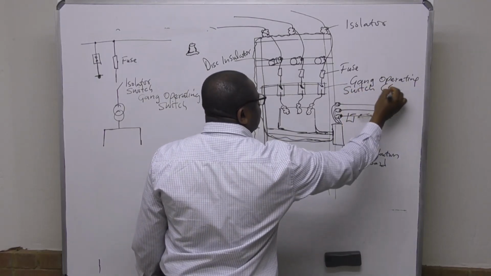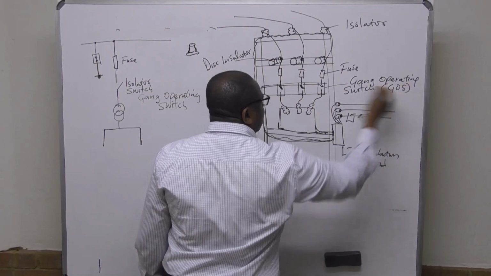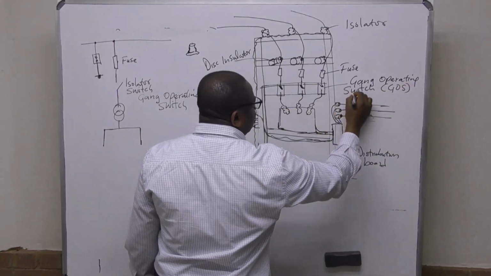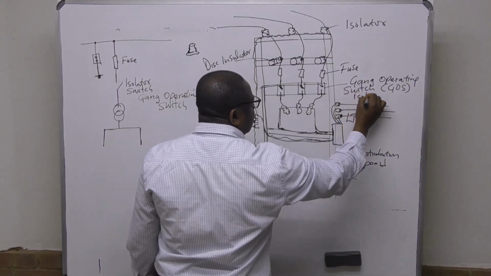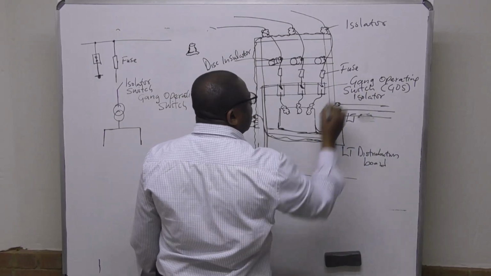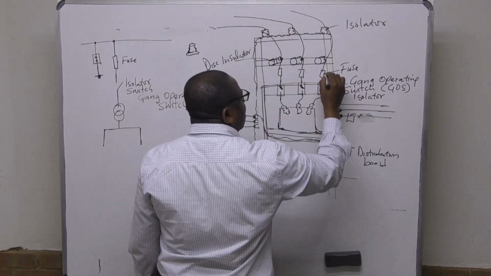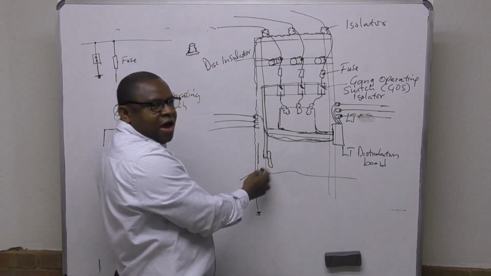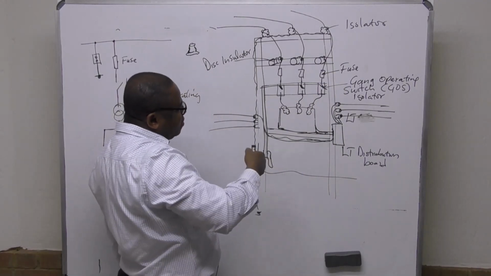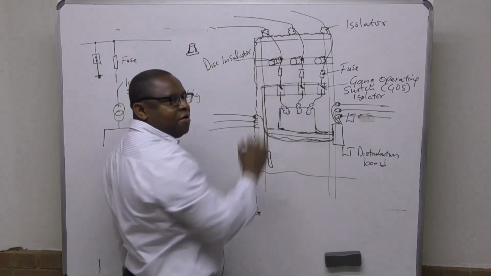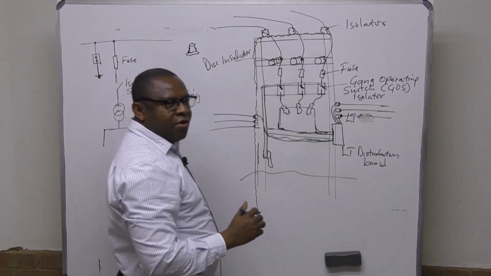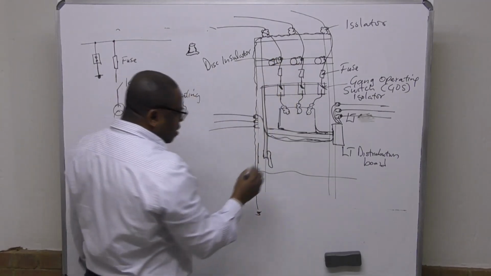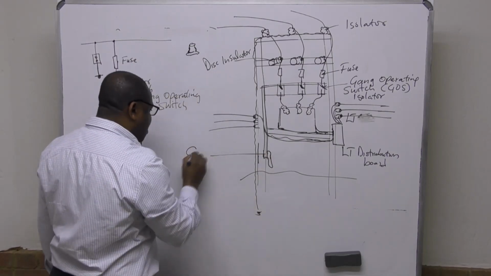So it's GOS, or you can just call it isolator. Okay, that's the isolator, but it's a gang because this is the operating handle. When you pull it this way, it will open. So that here is the operating handle.